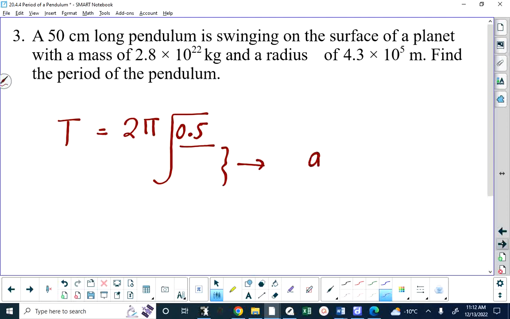And gravitational field strength, we learned this in the unit, I guess it would have been unit 2, dynamics and gravitation, can be found using this little beast of a formula, where m is the mass of the planet, r is the radius of the planet, capital G, of course, is Newton's universal gravitational constant.